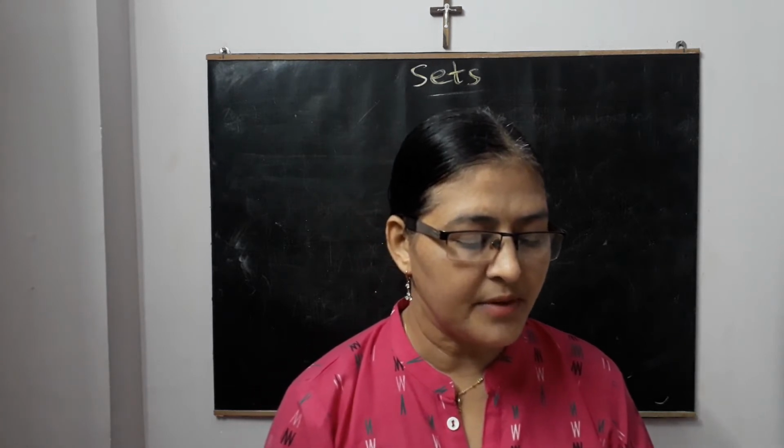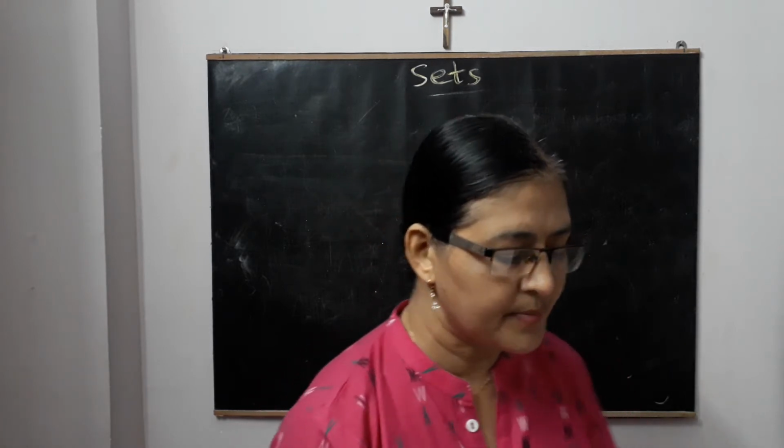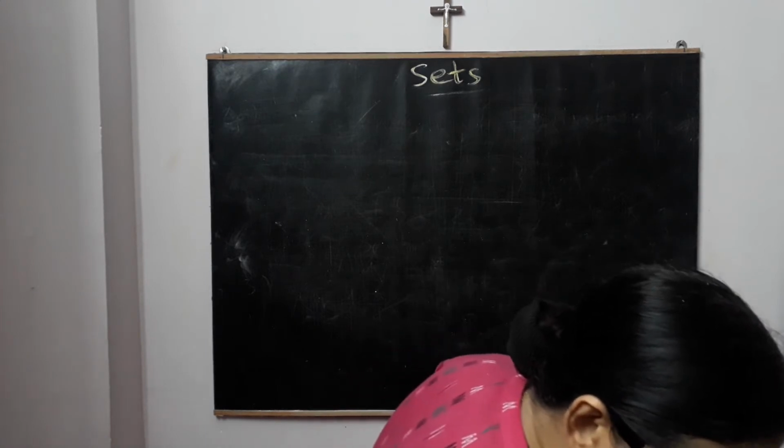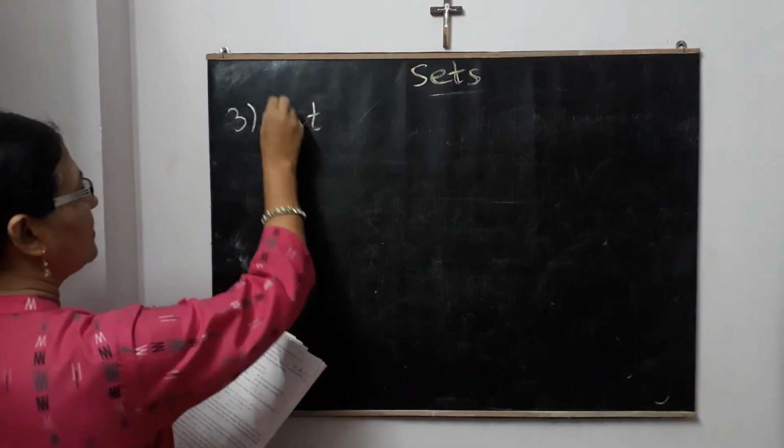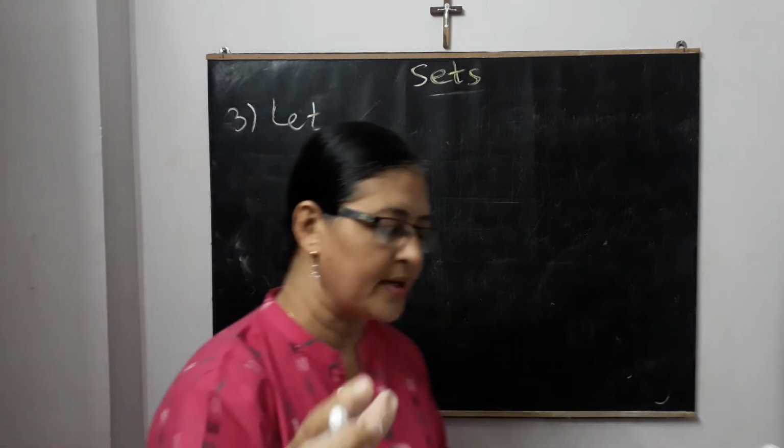Now these numbers are given, so what do you have to do? First, in the beginning, we have to write the sentence for that, like the third question: let the set be denoted by some alphabet.